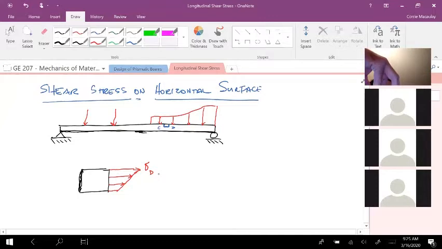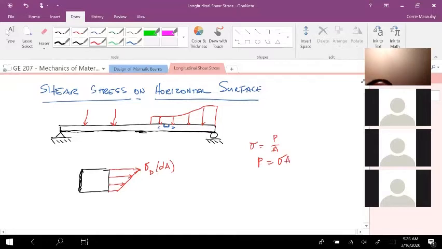But I'm actually trying to draw forces, right? Not stress. It's a force distribution. So therefore, this is gonna be times dA. We know stress is equal to force or load over area, so my force is the stress times the area.